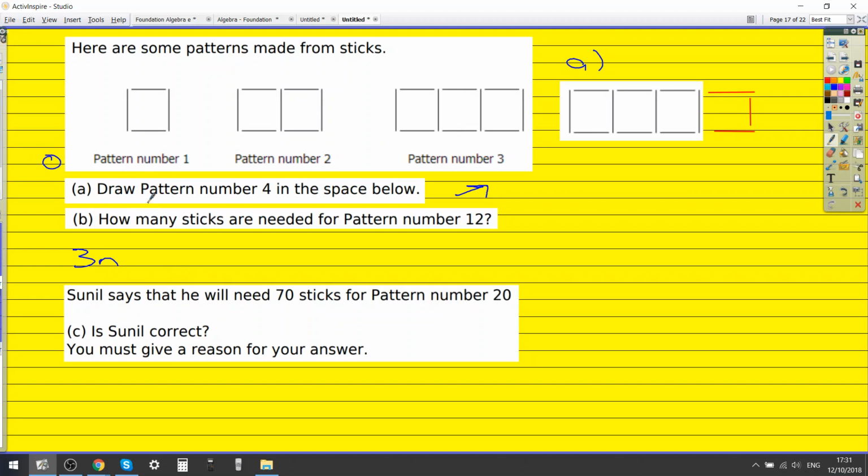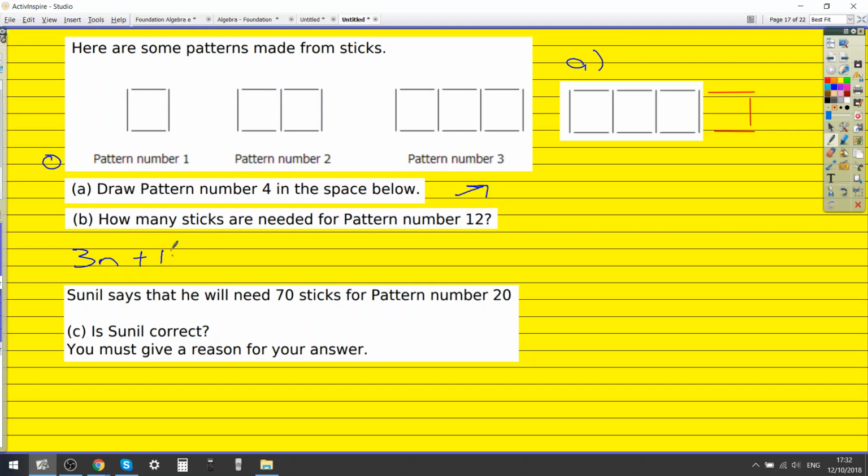Well, if they're going up 3 extra sticks each time, then going down it would be 3 fewer sticks each time. So if you add on 3 sticks each time, going down you're subtracting 3 sticks each time. Oh, 1. Yeah. And so that would be 3n plus 1. Basically, you can see how the first one has 4 sticks, so it has to be 3n plus 1.